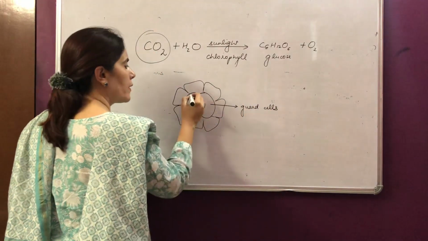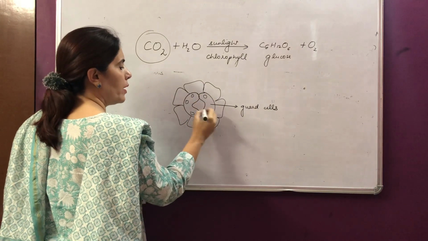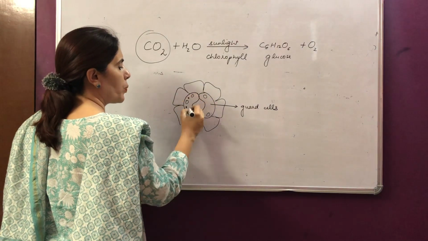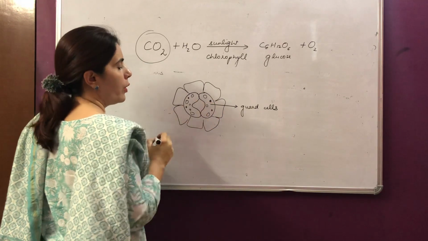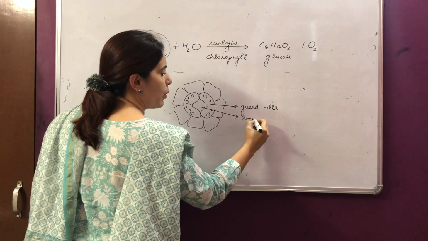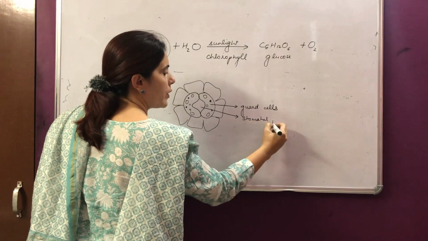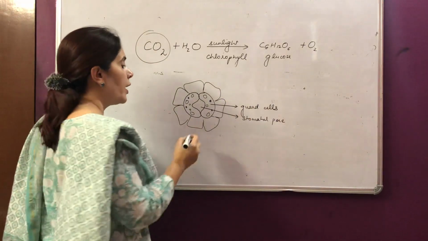What are they known as? Guard cells. As it is a plant cell, there must be vacuoles present and there must be chloroplasts present and there will be a nucleus, right? The pore inside is known as what? Stomatal pore, and this pore helps in exchange of gases, right?